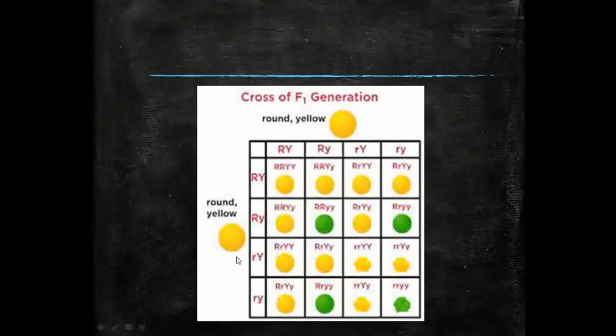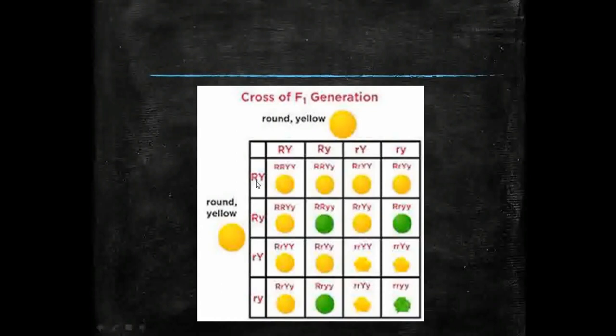The gametes which are formed are capital R capital Y, capital R small y, small r capital Y, and small r small y. The same gametes are written here also, because male and female will give us the same kind of gametes.